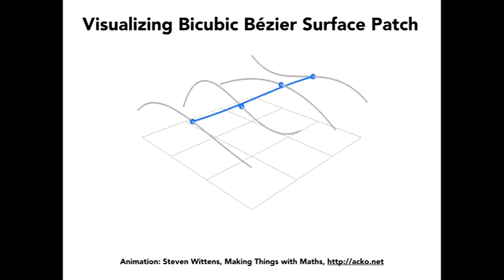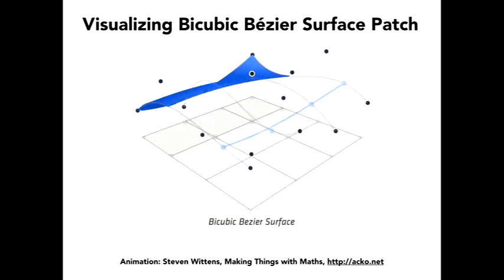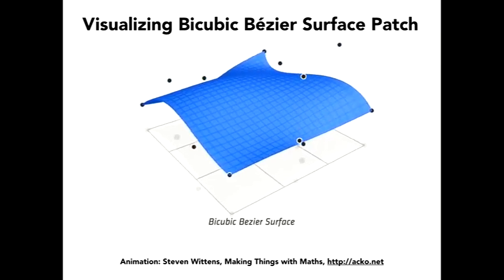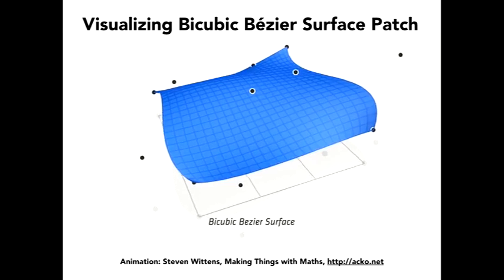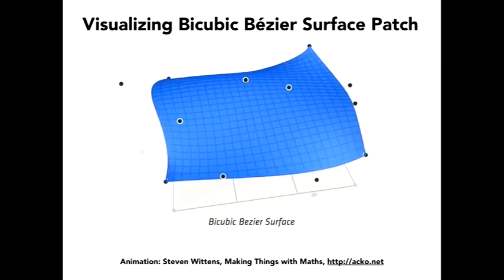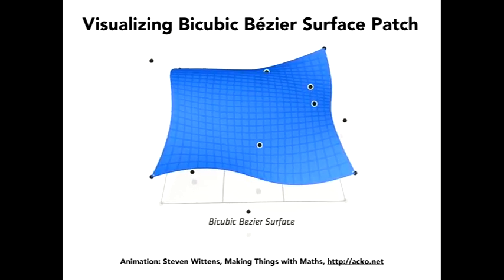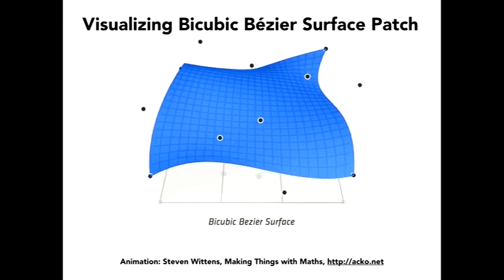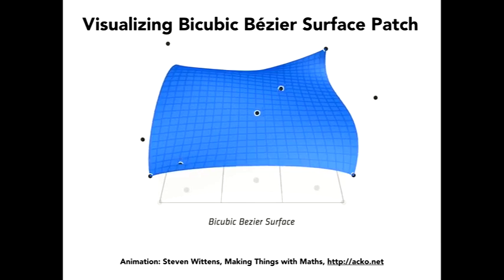As it sweeps out from t equals 0 to 1 along the gray curves, that swept surface is the final cubic Bezier surface. And if you move these control points, they will influence the shape of the surface by pulling it in certain directions.